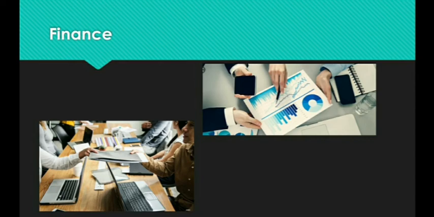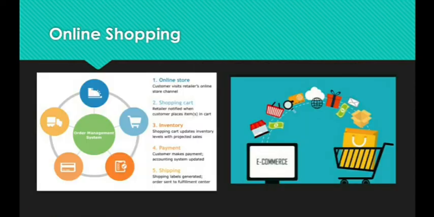The next application is online shopping. Online shopping has become a big trend these days, right? No one wants to go to the shops and waste their time. Everyone wants to shop from home, and so all these products are added and sold only with the help of a database.